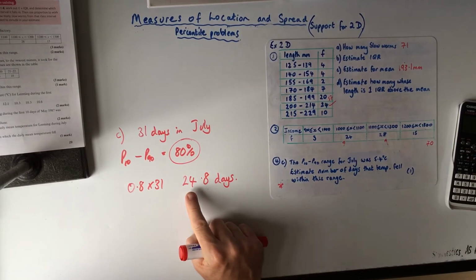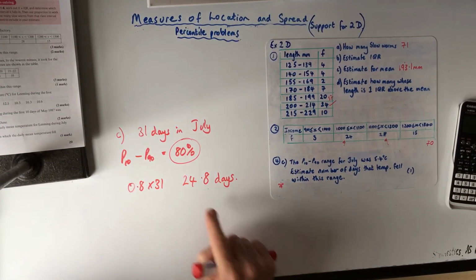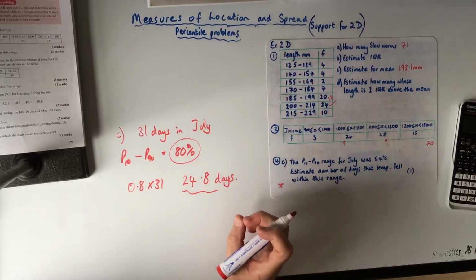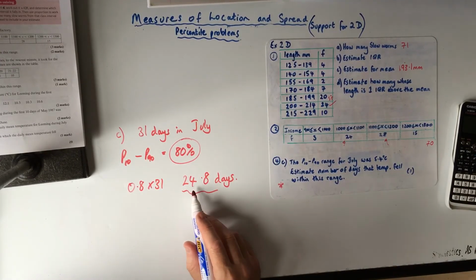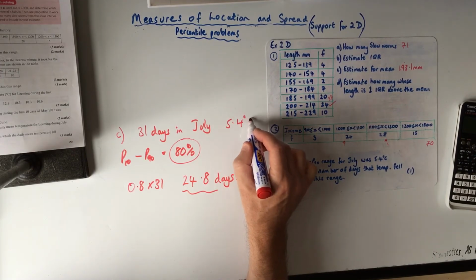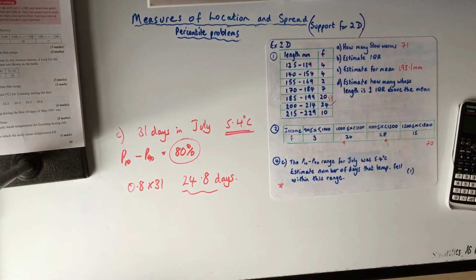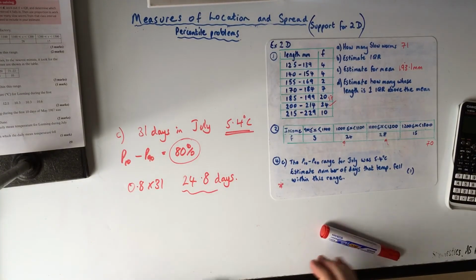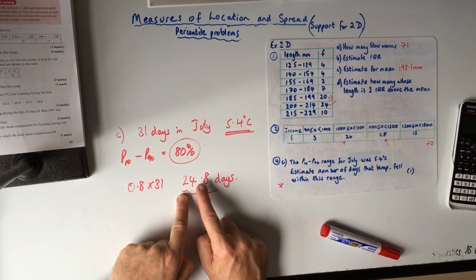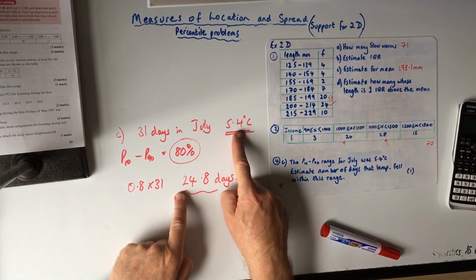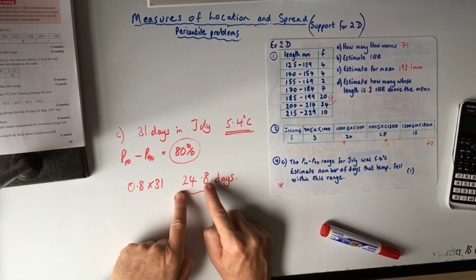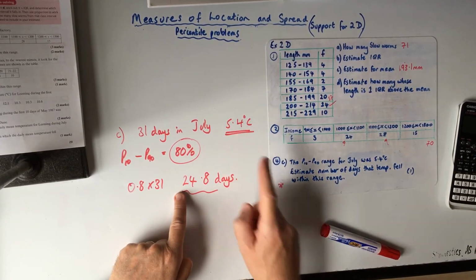But actually, if this is days, just think about this one. I don't think you're going to lose more than, say, a mark if you've made the wrong call on this one. But it's talking about a change between 5.4 degrees. And if 24.8 days, 24 days, it's within that range. 0.8 of a day, it's within that range. So in one of those days, 0.2 of the time, it's outside of that range.